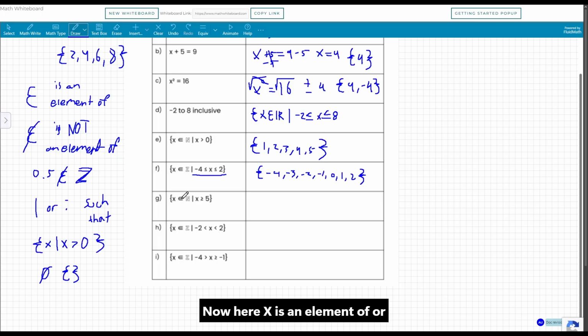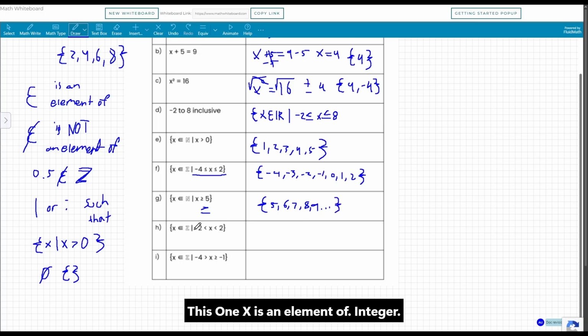Now here, x is an element of, or can be, any natural number, but x is greater than or equal to 5. So we can set this up with a weird bracket. Since we have this sign, meaning greater or equal to, it can also equal 5, so we can start it with 5, 6, 7, 8, 9, and so on.